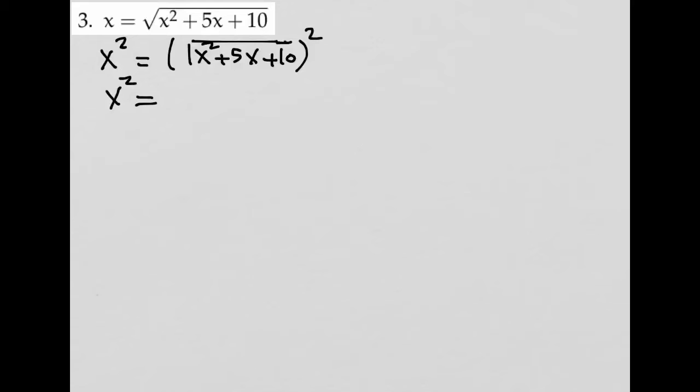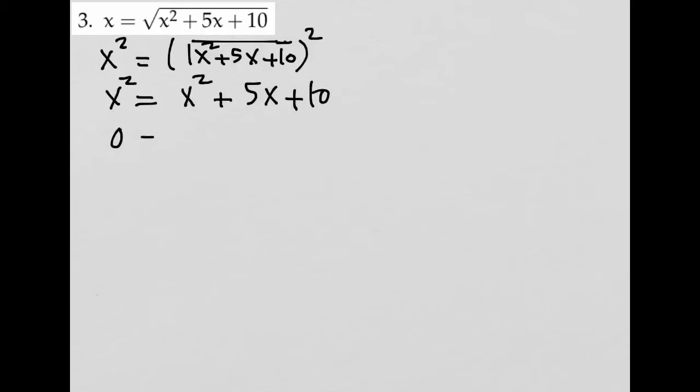Example 3, let's solve x equals square root of x squared plus 5x plus 10. We start by squaring both sides. So x squared equals square root of x squared plus 5x plus 10 squared. That's x squared equals x squared plus 5x plus 10.